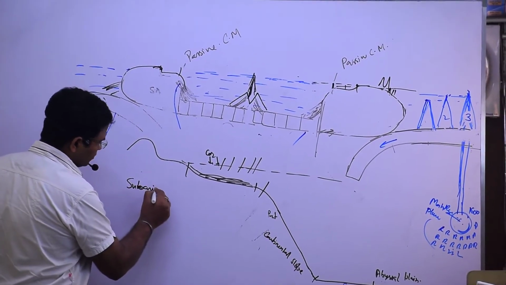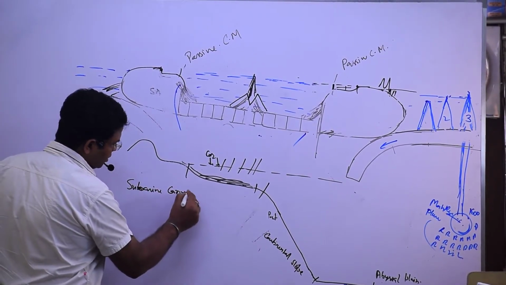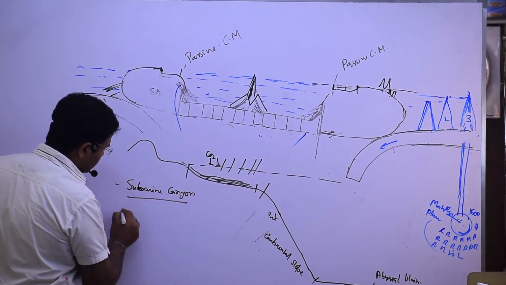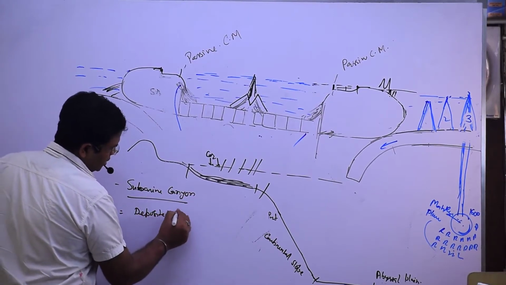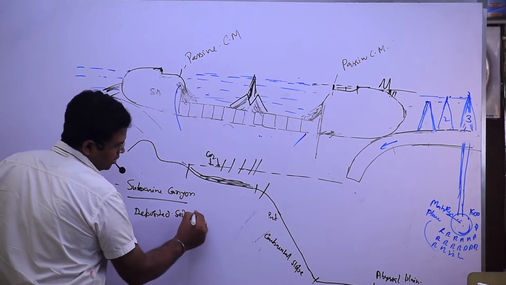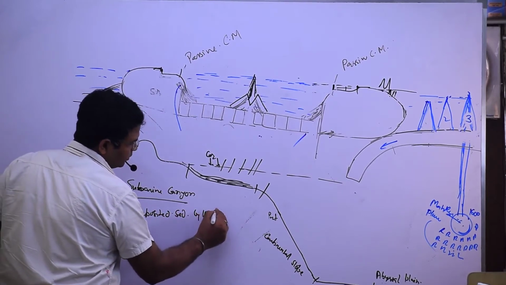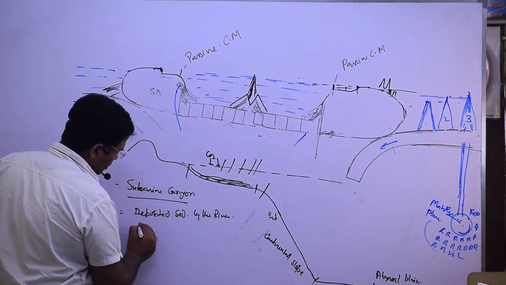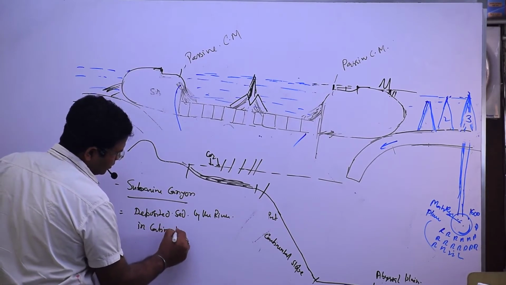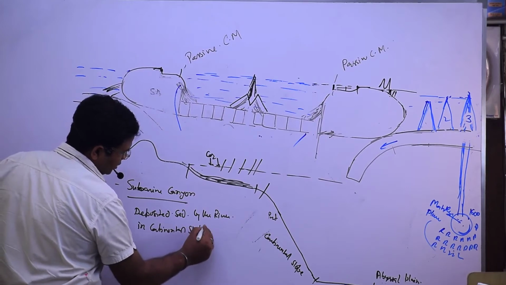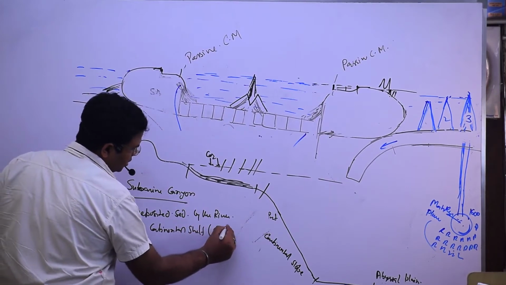Submarine canyon. So the important point is what? The sediment deposited by the river along the continental shelf. Clear? And how much is it?